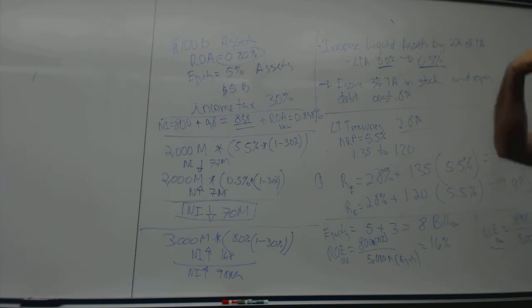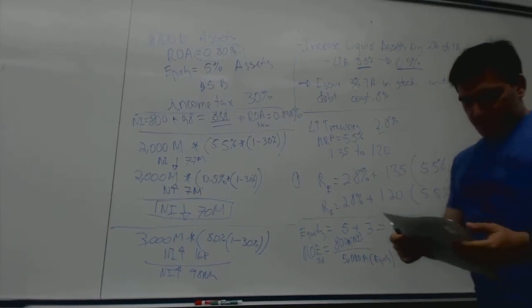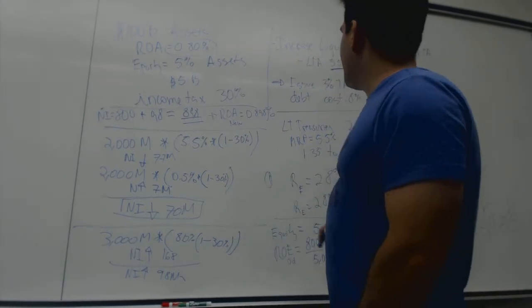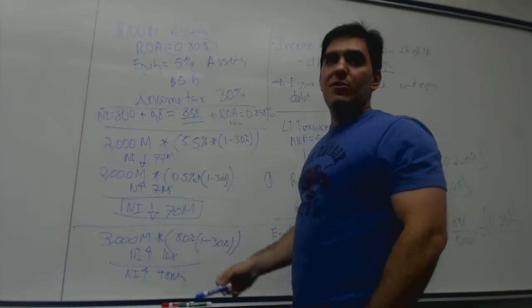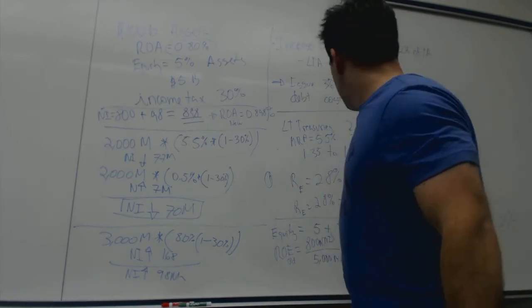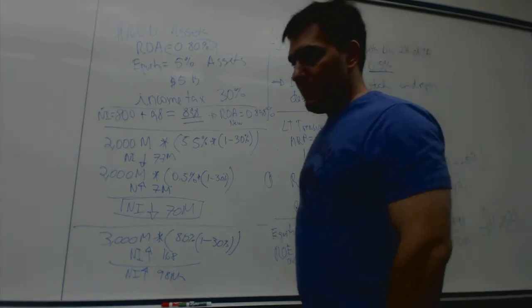So the premium above book value will get reduced, and it's going to negatively affect shareholders. So this part is very similar to what we did last time, and actually everything is very similar to what we did last time.